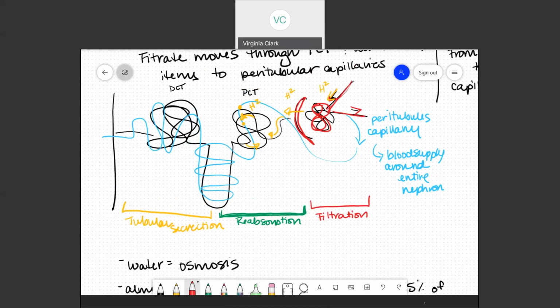Reabsorption is a process where you are reabsorbing to the blood, whatever you need to. Tubular secretion is a process where you are secreting out of the blood, essentially whatever you need to, back into the nephron. When you're looking at this nephron and the process of urine formation, it's easier to think of it as into the blood and out of the blood, or into the nephron and out of the nephron, because it goes back and forth through a 3-step process.